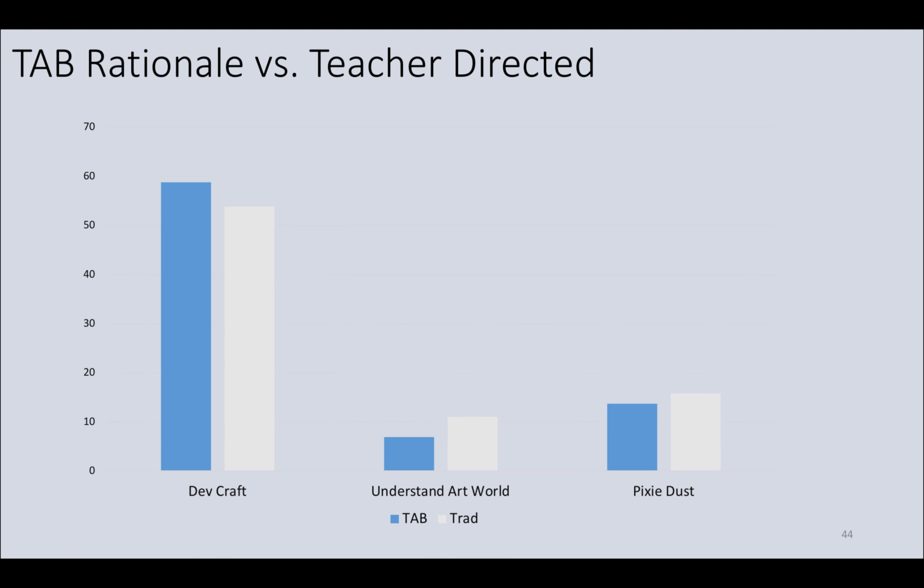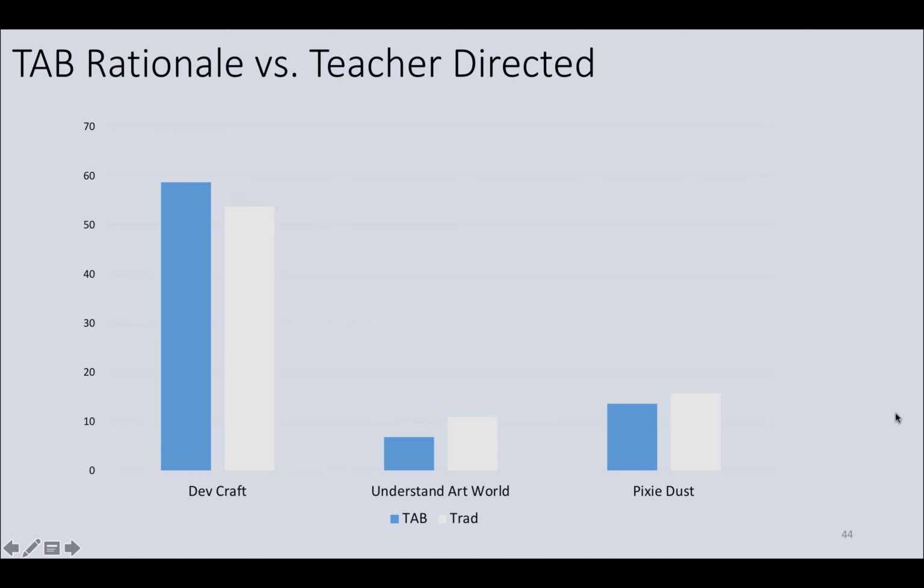The fact that everyone is an artist and everyone has ideas kind of goes against this idea that art is for some people. So what I hypothesized was that TAB kids would have far fewer of these types of answers than kids in traditional classrooms. That was not the case. These are essentially the same. So that is something that I thought we would find for TAB, but we didn't.